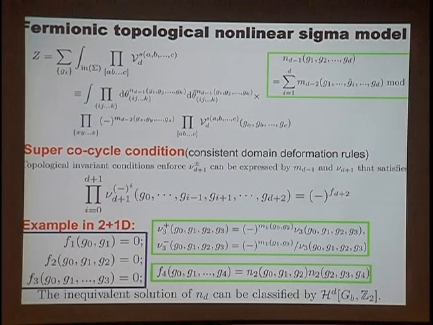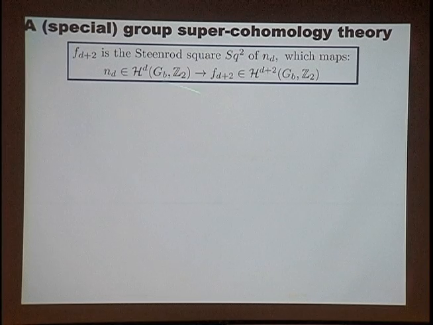So naturally, it's Z2. And the function F(D+2) turns out to be a very novel mapping between different cohomology classes with Z2 coefficient. It's called the Steenrod square. Actually, Professor Michael told me this story. I brought my paper to him and asked, what's the meaning of this very complicated sign function?